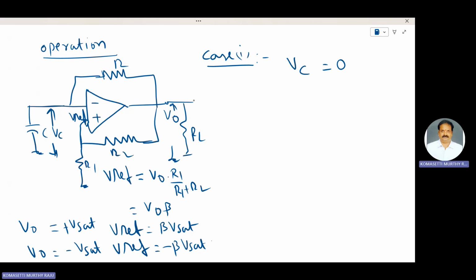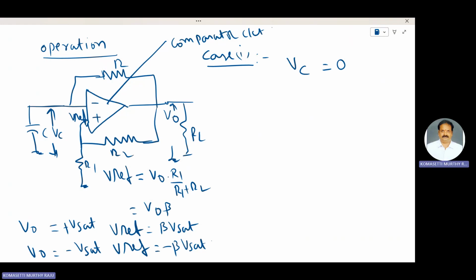Whenever the power is switched on, in the op-amp multivibrator circuit, the op-amp works as a comparator circuit. Comparator means it compares the two voltages, VC and V reference.